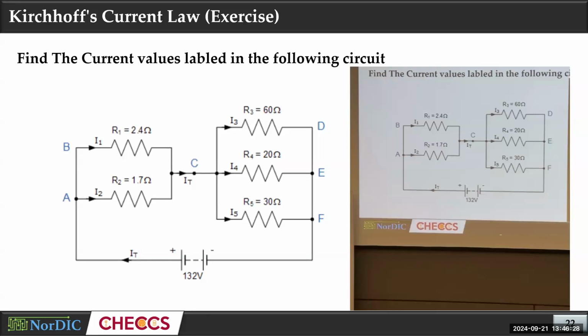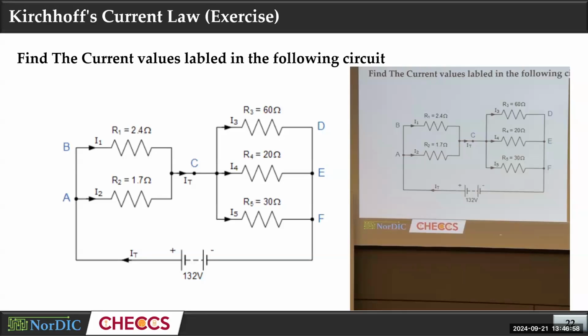Are you guys being able to solve it, or finding it tough? What is point C? Oh, that's just the name of the point. Ignore it. There is nothing here. For example, if someone asks you what's the voltage difference between point C and point D. Basically, as you can see, D, E, F is the same point.